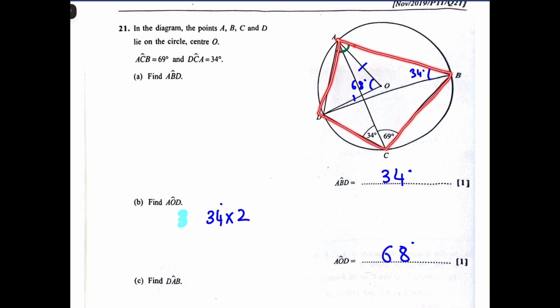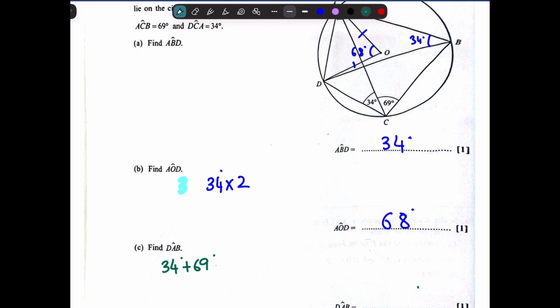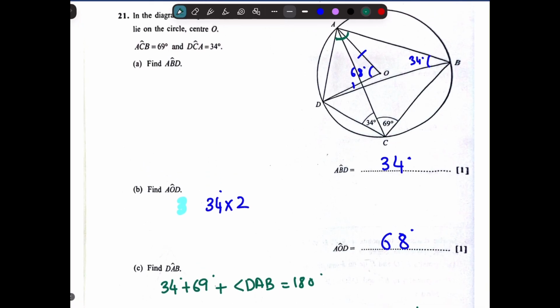We know that DAB is one angle, and what is the opposite interior angle? It is 34 plus 69. So these two angles should add up to 180, right? So 34 plus 69 plus angle DAB should be equal to 180 degrees. Why?